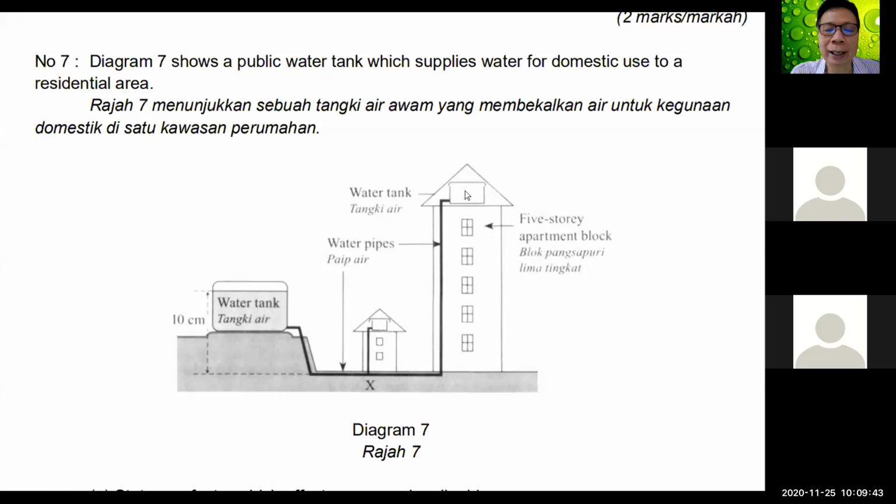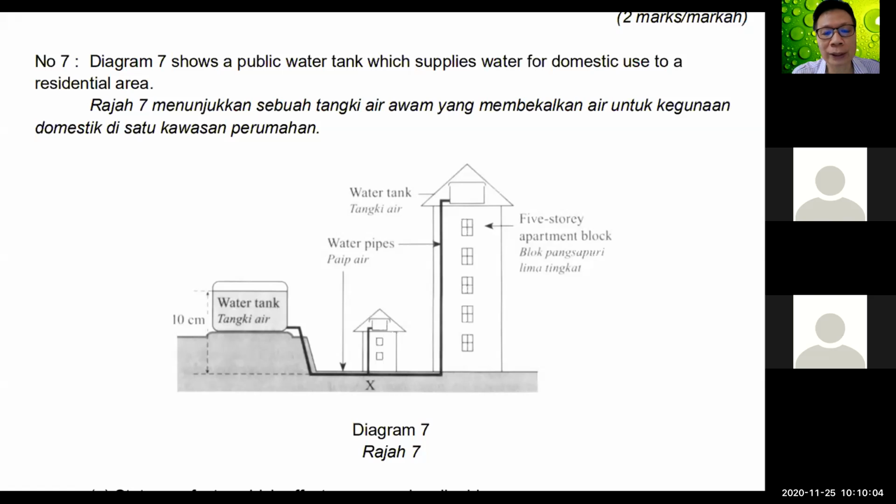You can see most of the water tanks are put in a high place, on the top. This one also on the top. This one on the top. The reason is to get higher pressure, because when you put the water on a higher place, the water will have higher pressure.